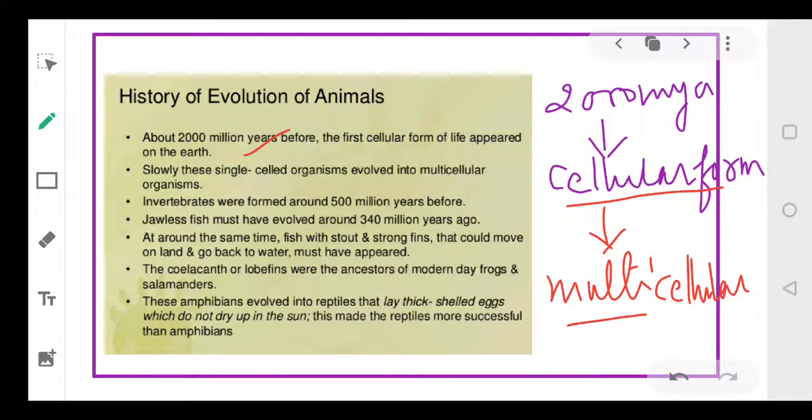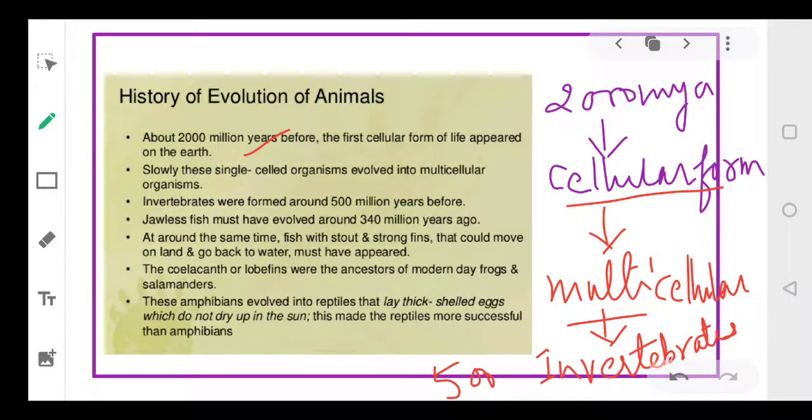From these multicellular organisms, invertebrates were formed around 500 million years ago.